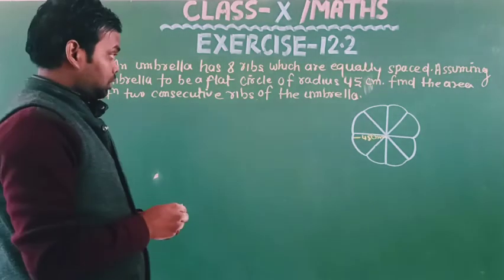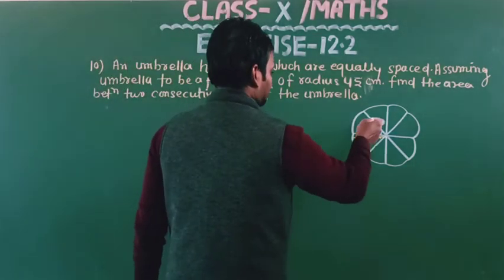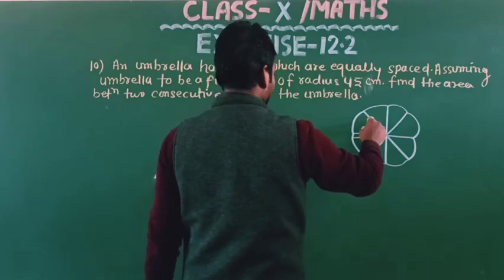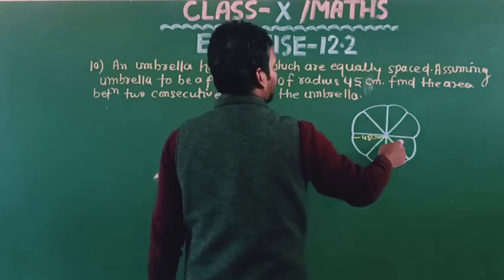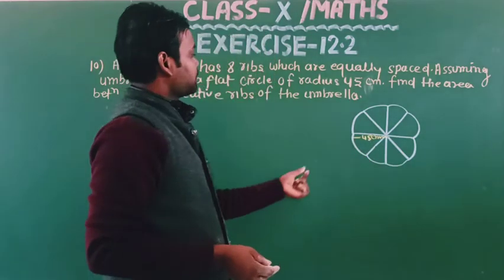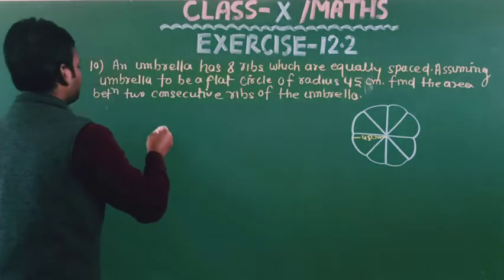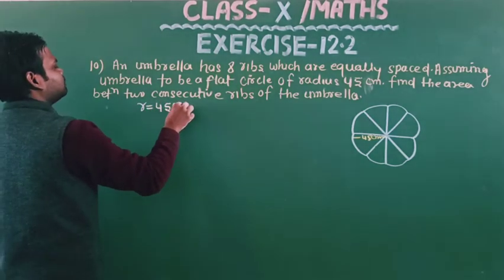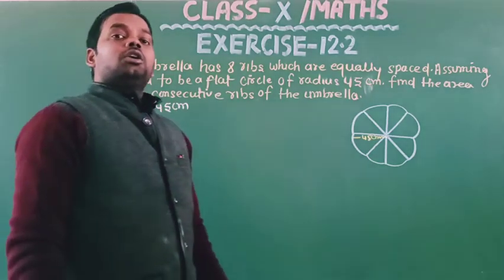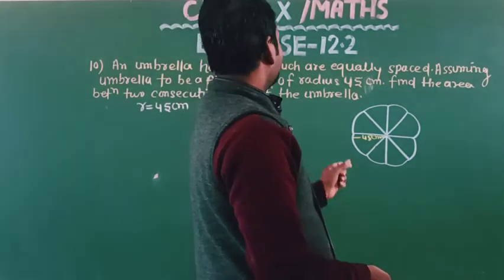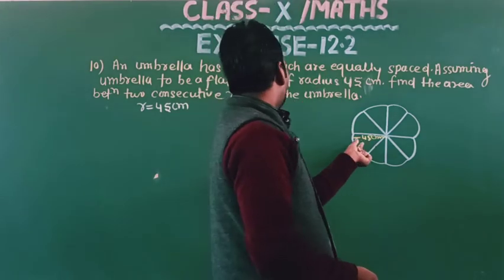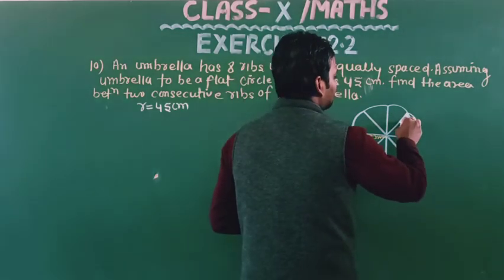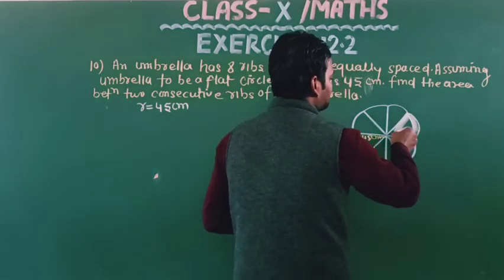So the ribs are 1, 2, 3, 4, 5, 6, 7, 8, and the radius is equal to 45 centimeter. So we have to find the area between two consecutive ribs.